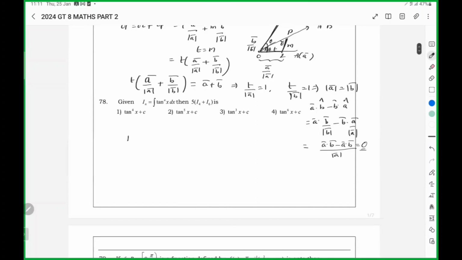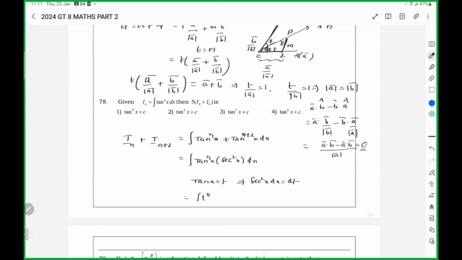Here, I_n plus I_(n+2) is the integral of tan power n x plus tan power n plus 2 x dx. 1 plus tan square x is secant square x dx. Tan x is t, so dt.